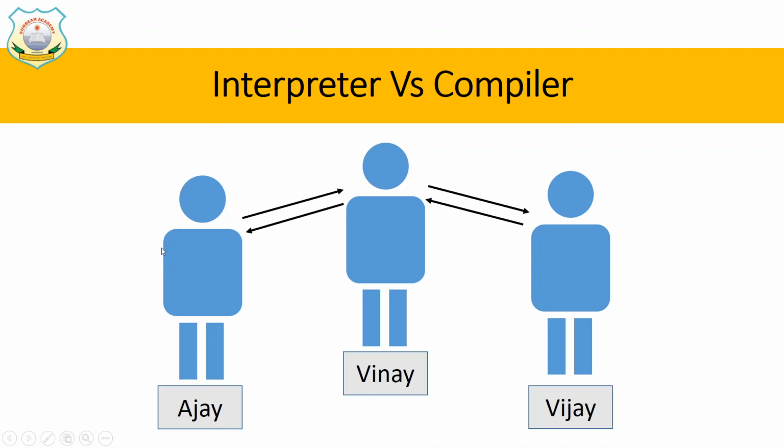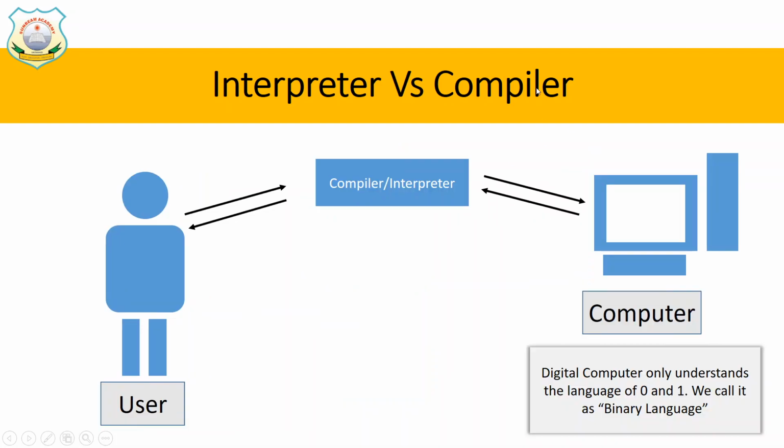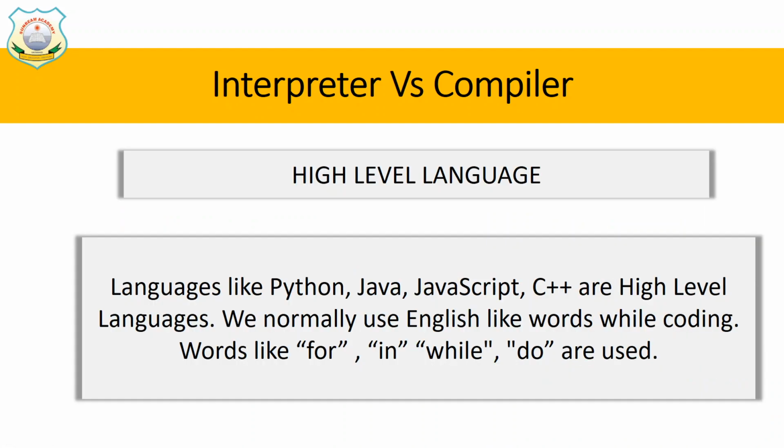So that happened. Now whatever happened right now was in one go. He converted the entire speech of Ajay into another language. So that is called as compiler, children. So when it's done line by line, it is an interpreter. When it's done all in one go, it is called as compiler. So that is the difference between an interpreter and a compiler.